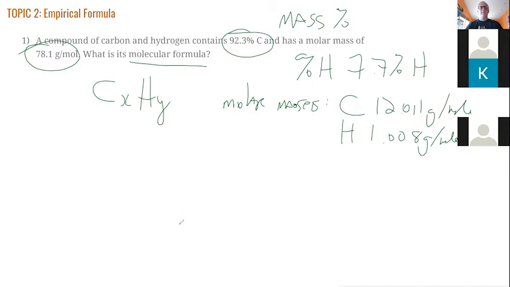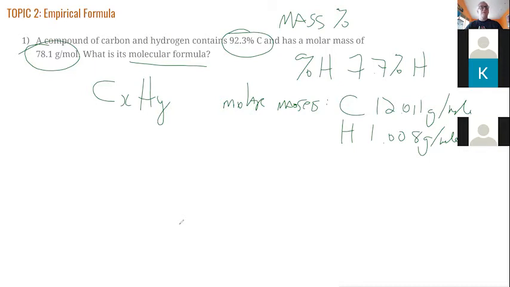So now, how do we go from a percentage to an actual mass? There's a couple of ways to approach this. We can do it your way, and then there's the way that I do it.